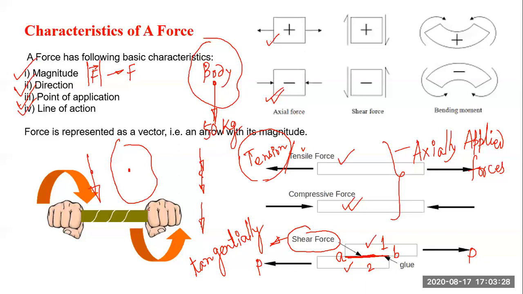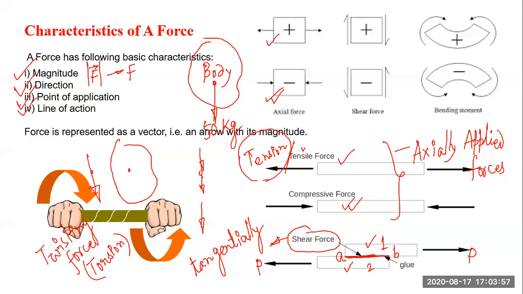Another type of force is called twisting force, due to the twist. This is called torsion. Twisting force or torsion. Now, what is a twist?